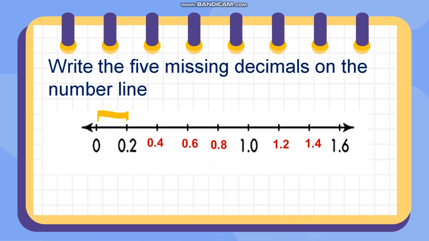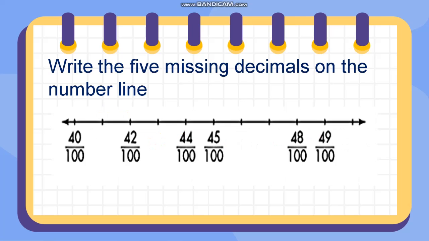So those are the 5 missing decimals on the number line. Or we can read as 2 tenths, 4 tenths, 6 tenths, 8 tenths, 1 as a whole number, 1 and 2 tenths, 1 and 4 tenths, and 1 and 6 tenths.